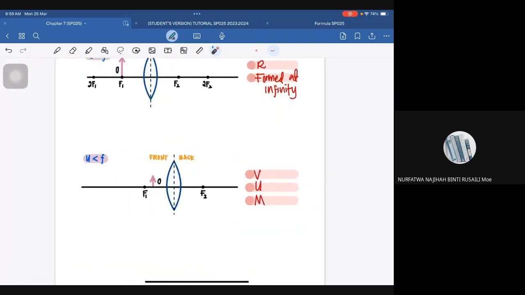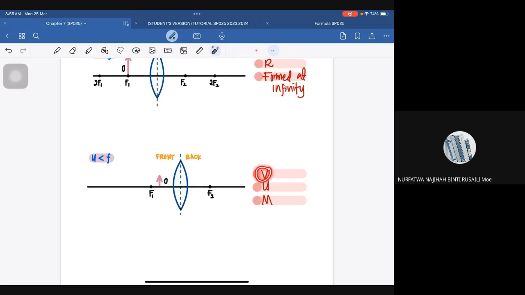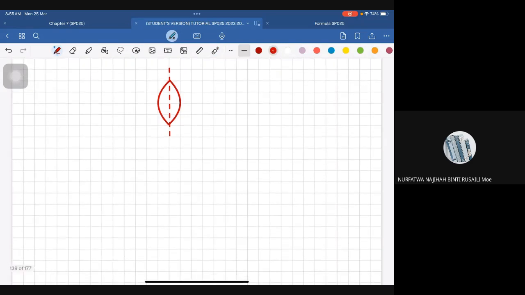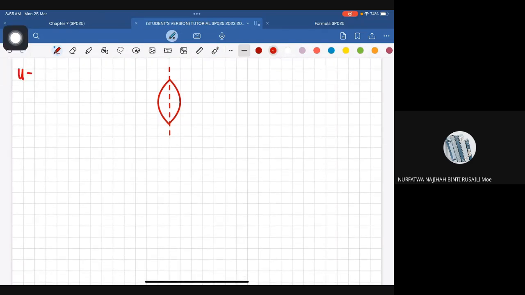So bila image yang form is a virtual image, object should always be at the front side of the lens. Meaning u here should always be positive. So object tu mesti berada somewhere in front. So kita assume lah object tu di sini. So distance from here to this part is 5 centimeter.